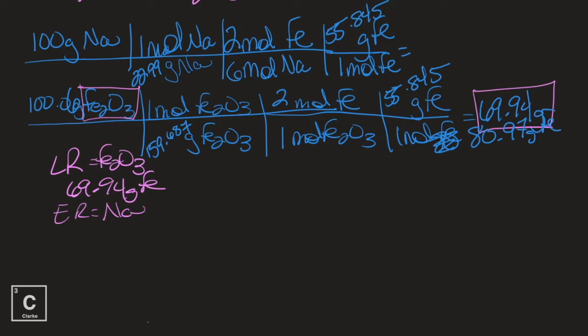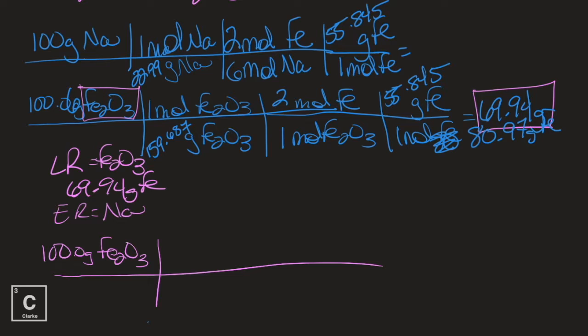And remember, with stoichiometry, we can compare any 2 parts of the reaction. We need to compare the thing we know we're going to use all of, that is our 100 grams of iron 3 oxide, and we need to compare that with sodium, the excess reactant, because we want to see how much did we use before the reaction stopped.